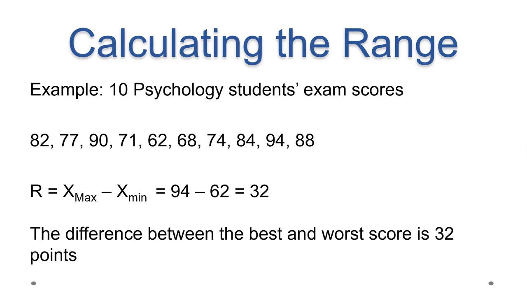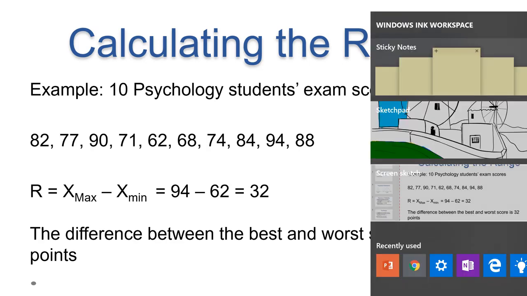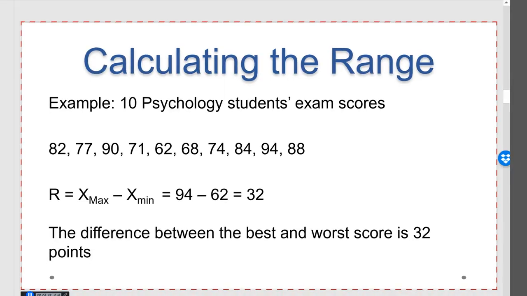So let's look at an example of 10 psychology students' exam scores. The highest test score in this data set is 94. This is the max.